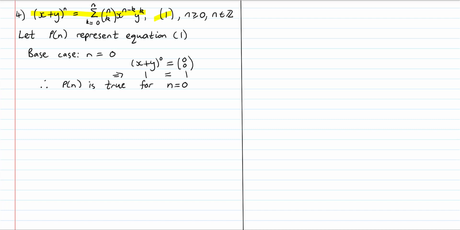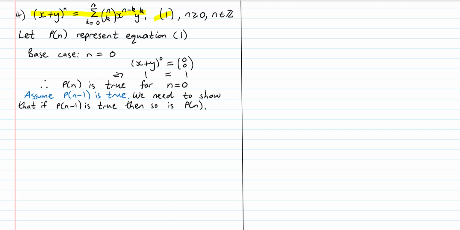So now we make our hypothesis statement, that is, we assume then that P of n minus 1 is true. So that just means we assume that the equation holds when n is replaced by n minus 1. So what we need to show then is that if P of n minus 1 is true, then so is P of n.